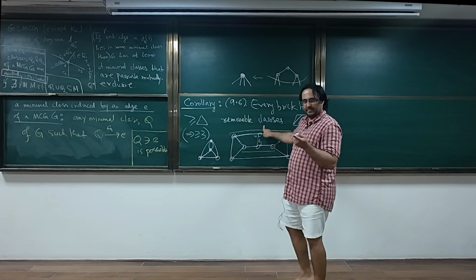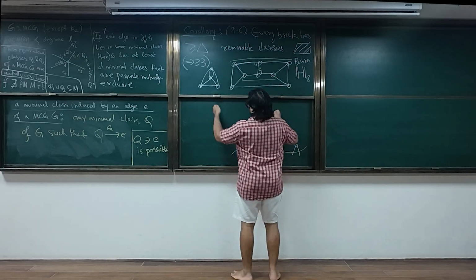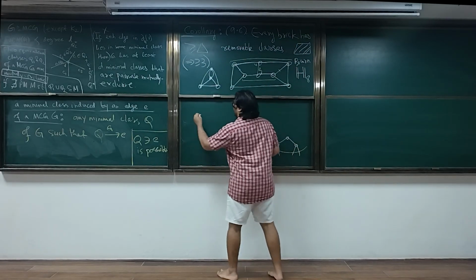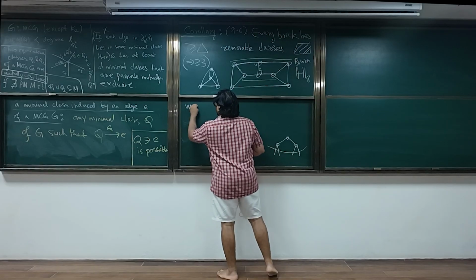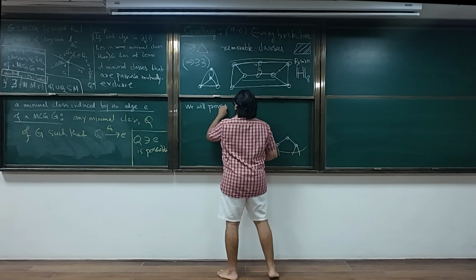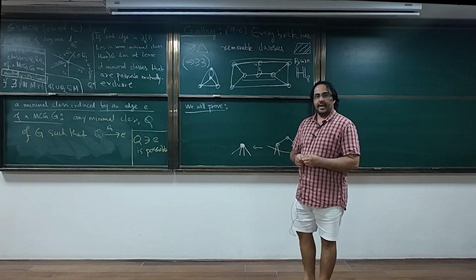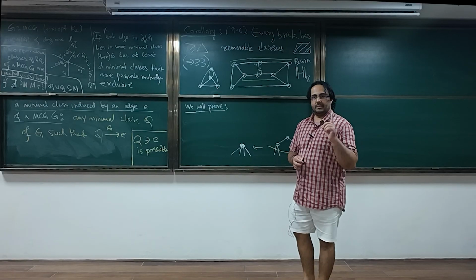That would be great. Turns out that is true. We will prove: every brick except K4 and prism has a removable edge.